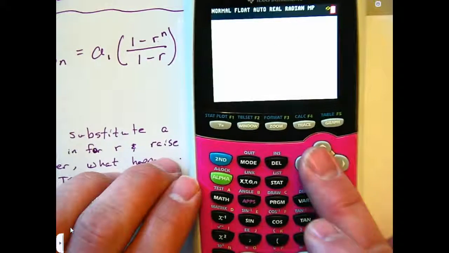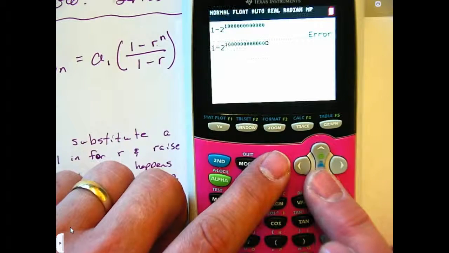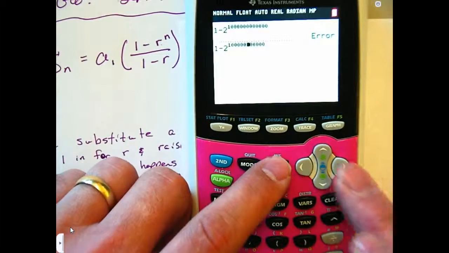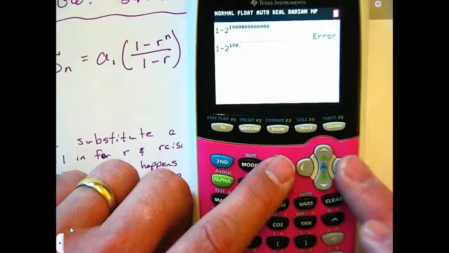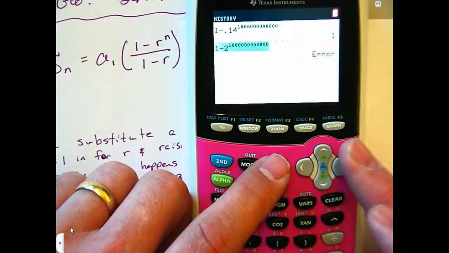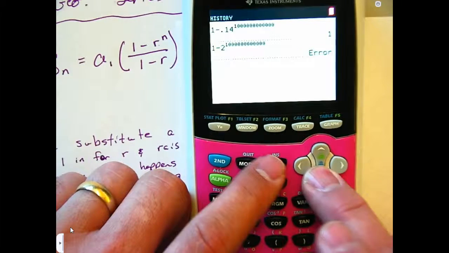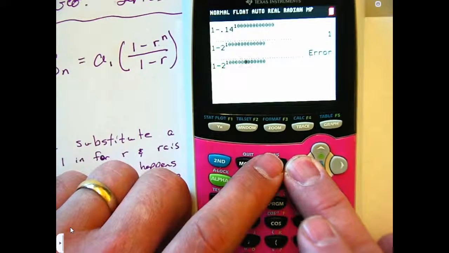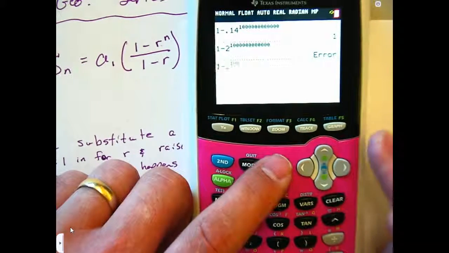So maybe we get rid of some of these zeros here. Let's delete a bunch of those. Let's go to the 10th power. All right, so that worked. Let's go ahead and go to the 100th power, see if that one will work.